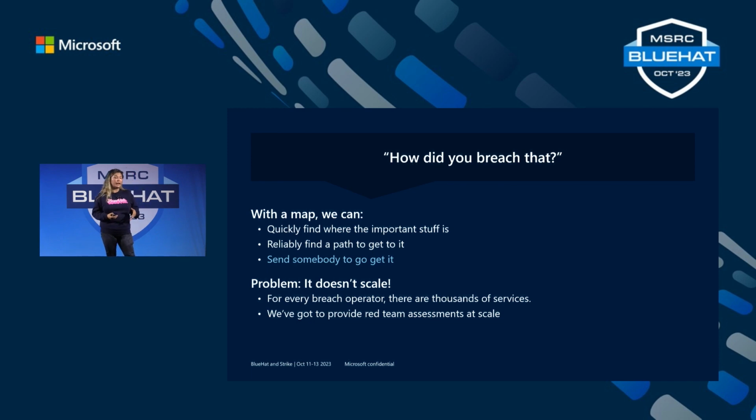So we need to provide Red Team assessments at scale. We need to be able to provide coverage to all of these services in a way that is going to be accurate, going to be comprehensive, and we want to be able to do it in a manner that reflects the most current threat landscape, which is very complex and grows every single day.